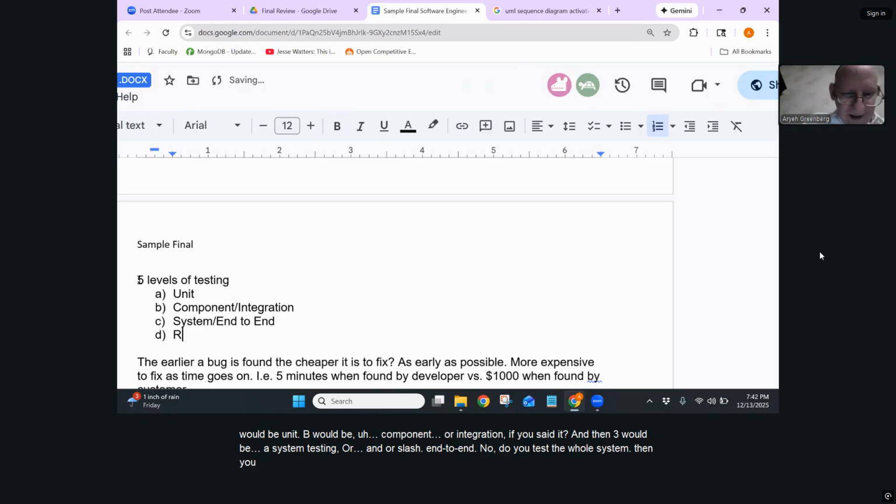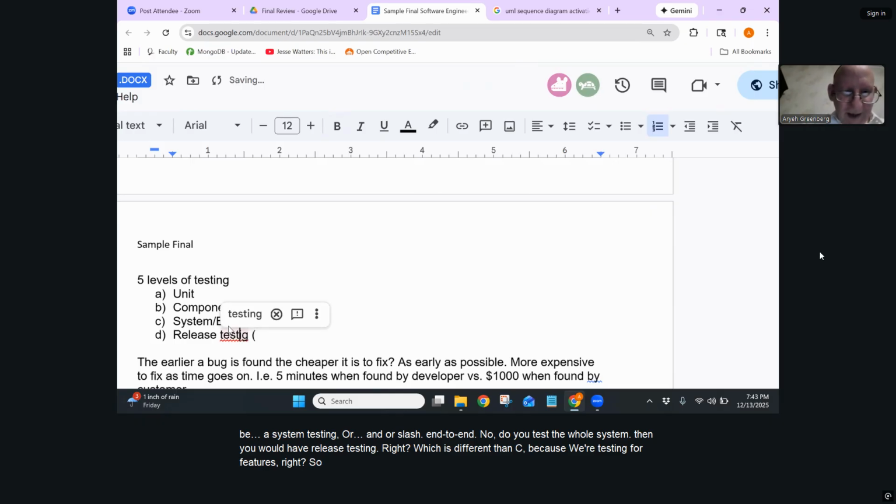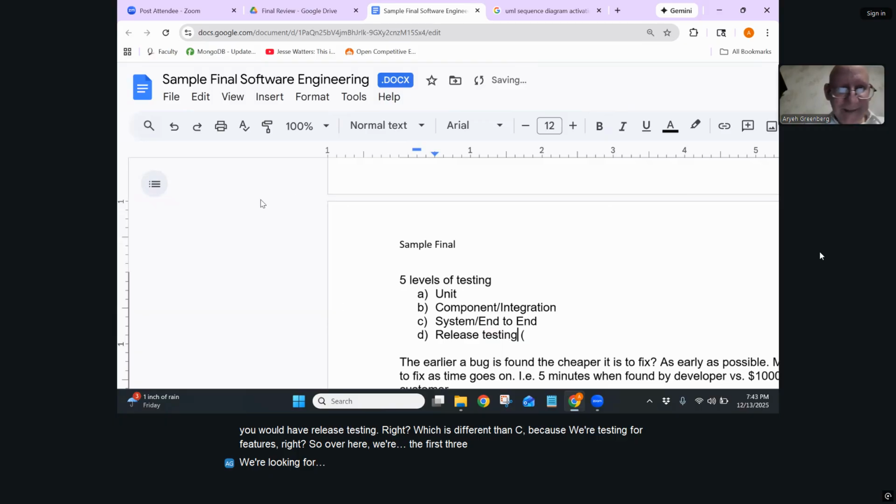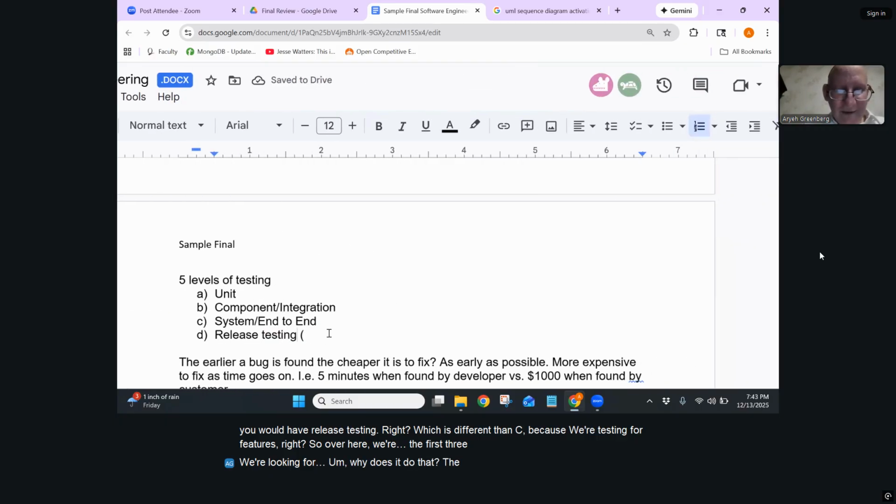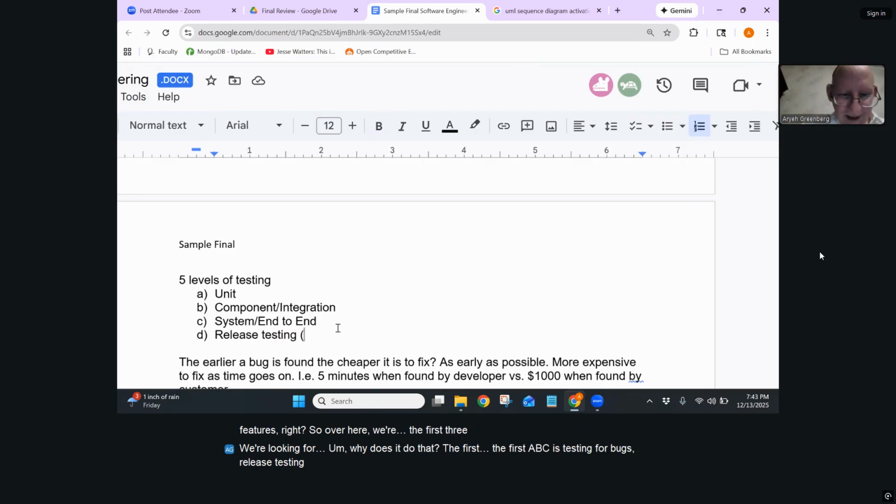Then you would have release testing, which is different from C because we're testing for features. The first three, A, B and C, are testing for bugs. Release testing is making sure all features are there.